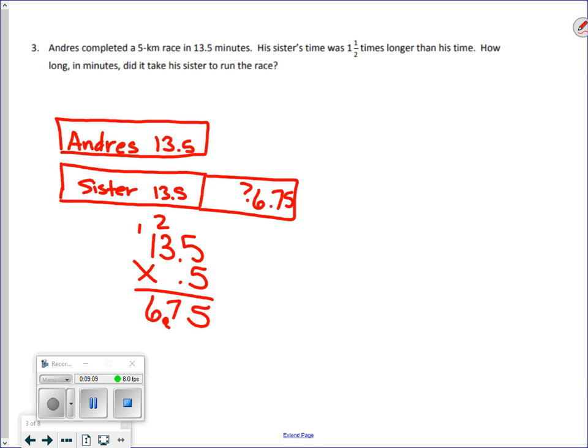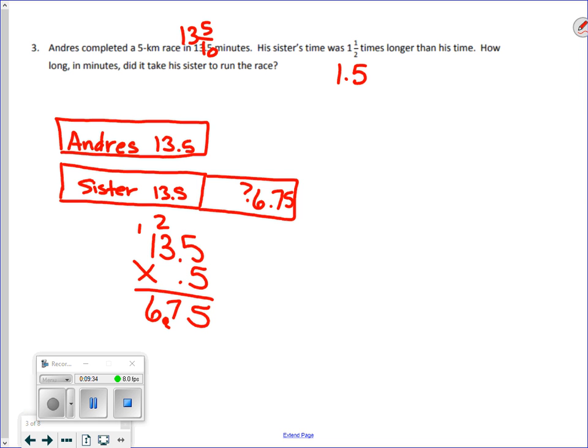Now, yes, you could have also done 13 and 5/10 times this. But you have to be aware that this is this. You have to be able to turn that into a decimal, or you have to be able to turn this into this.